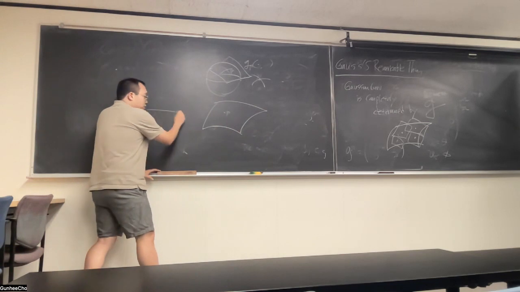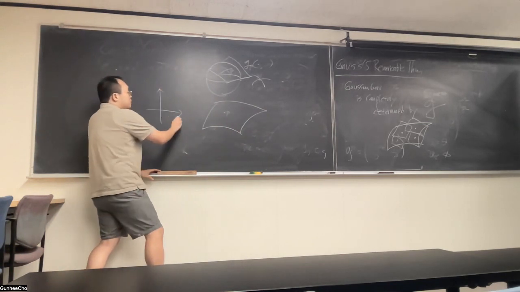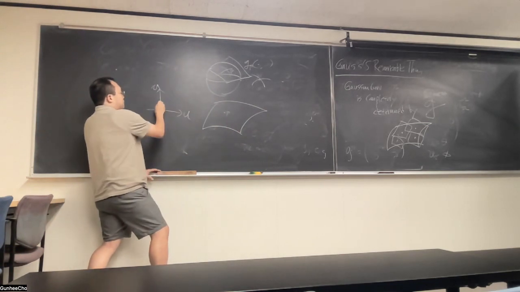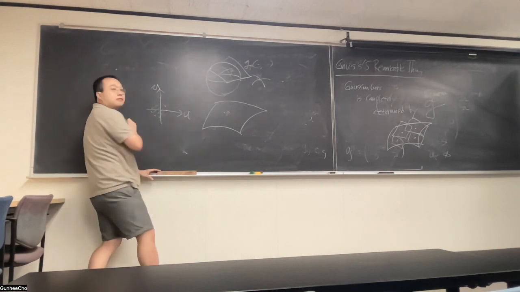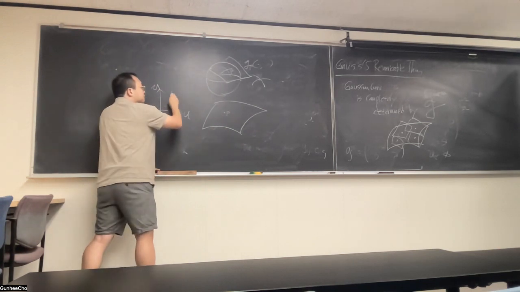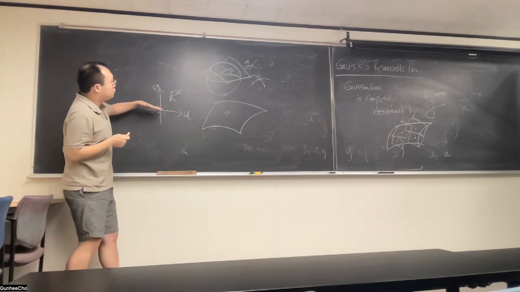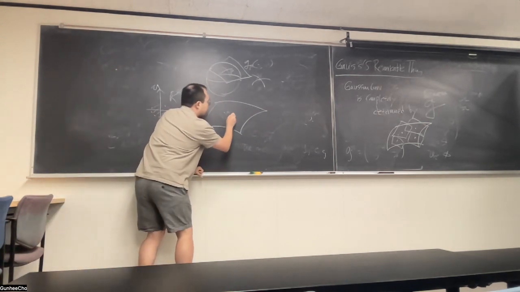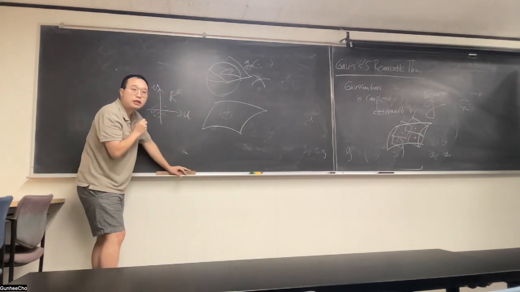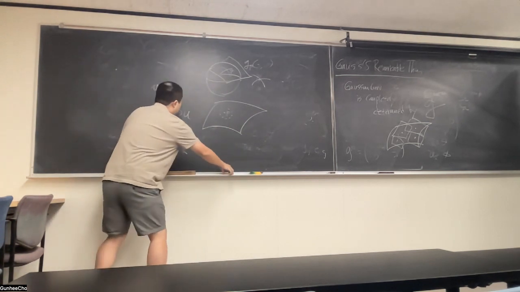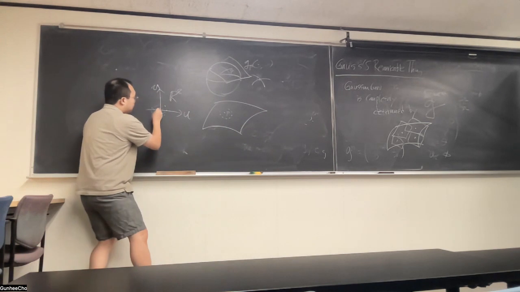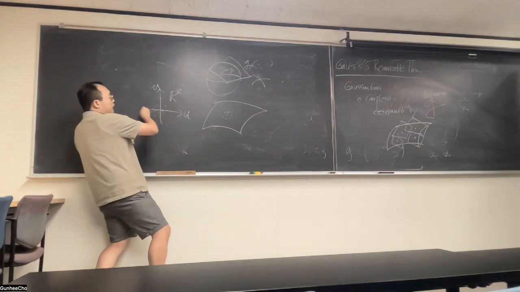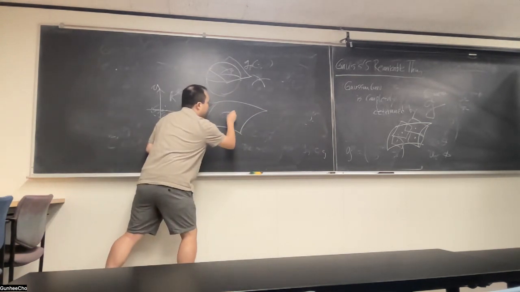Then according to his presentation, we should be able to find a small ball here, in R2, so that we can identify this ball as just the neighborhood of this point. You agree? So I should be able to, for example, identify the small u-axis as just a curve here.